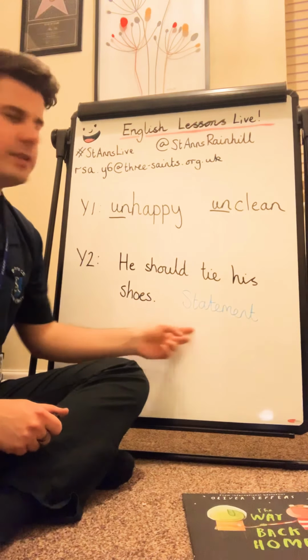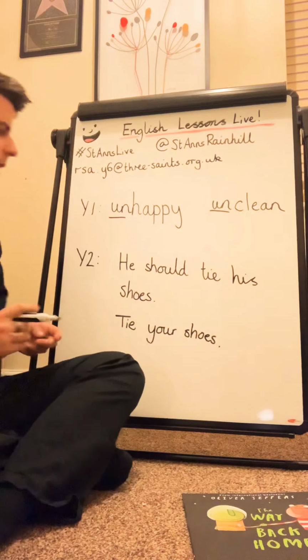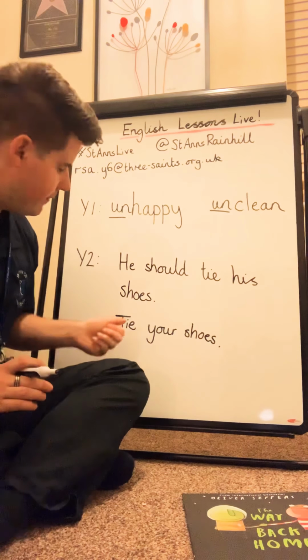So we find the verb, it's tie. Tie is the action, so the command will be tie his shoes, or more likely, tie your shoes. And that would be the command, because the verb is at the beginning.